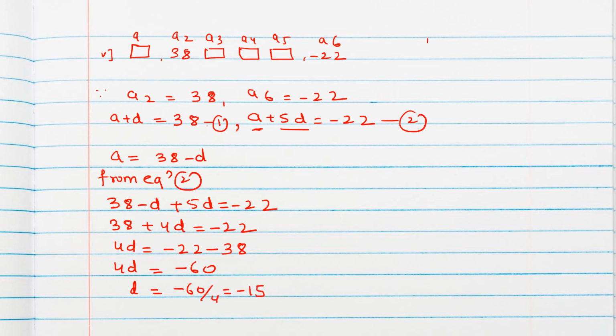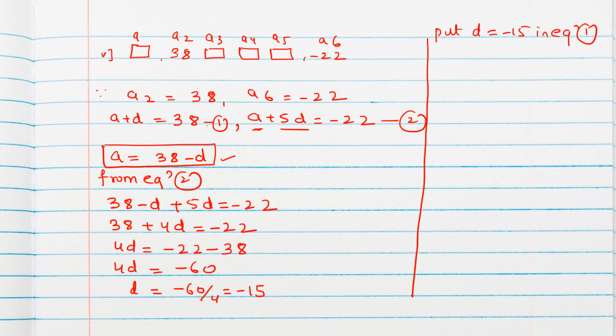Now this minus 15 value we will substitute here or in equation 1, both are the same. This expression is derived from equation 1. So now put D equal to minus 15 in equation 1. We get A equals 38 minus D, where D is minus 15, so this will give 38 plus 15. So 53 will come. That means in the first box 53 will come.